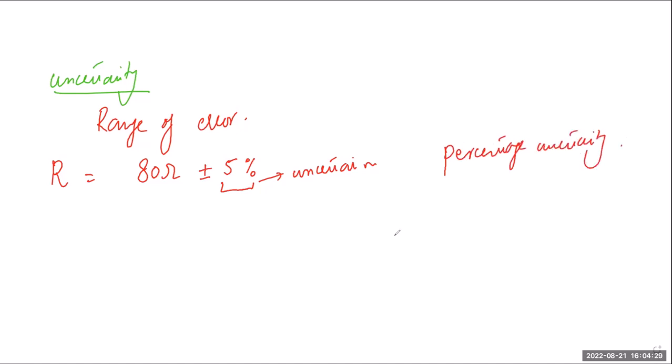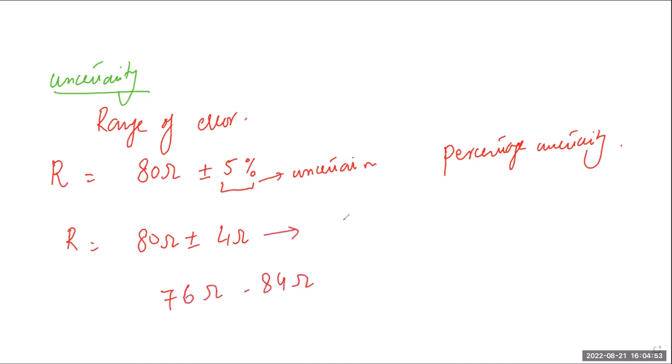And if we want to find the actual value of that error, we will take 5% of the 80 ohm resistor. That will be 4 ohms. It means that the company claims that our resistor value can range from 76 ohms to 84 ohms.